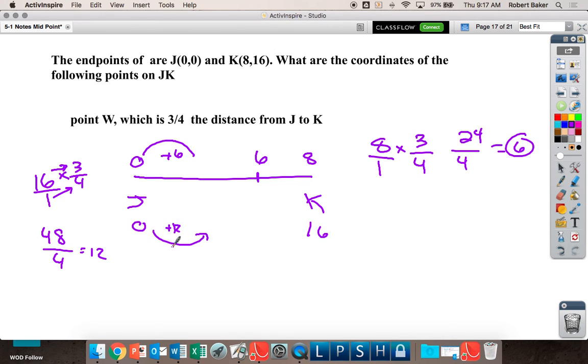What's 0 plus 12? So what is the coordinate location of W, which is 3/4 of the way from J to K? W is at 6, 12, which is 3/4 of the way. Nice, right? We're doing it.